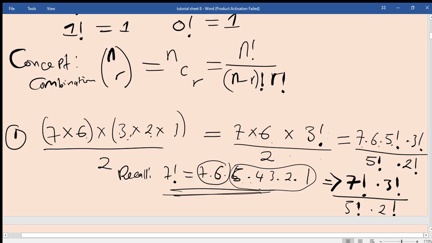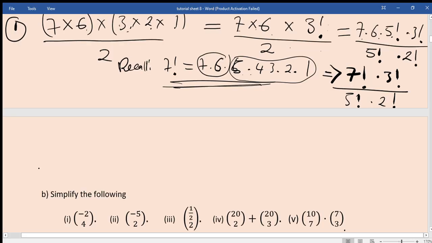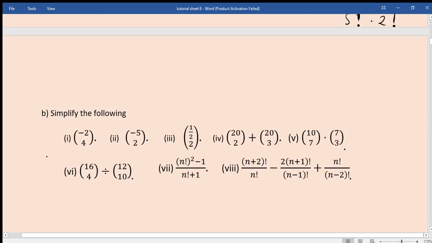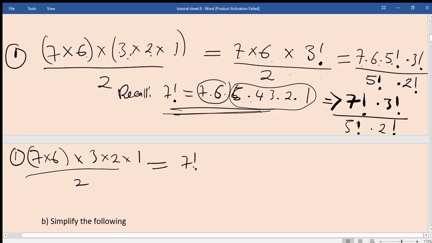So we're simply saying that 7 by 6 by 3 by 2 by 1 over 2 is now written in factorial notation as 7 factorial multiplied by 3 factorial over 5 factorial multiplied by 2 factorial, and we're done.